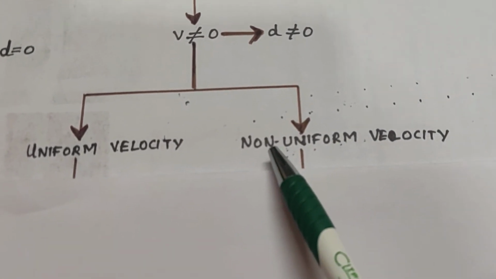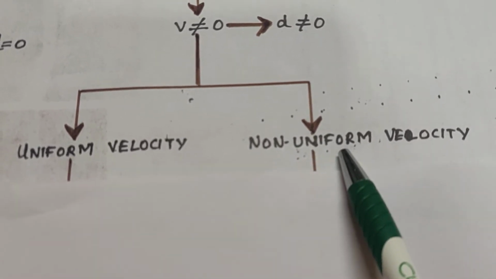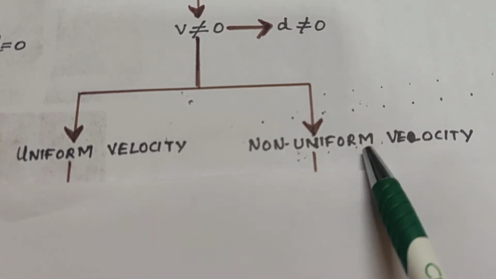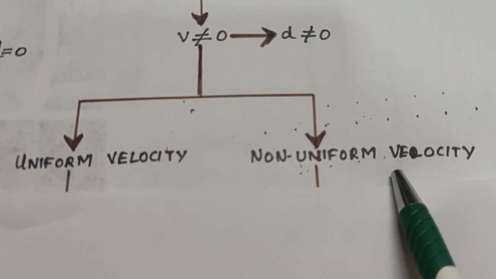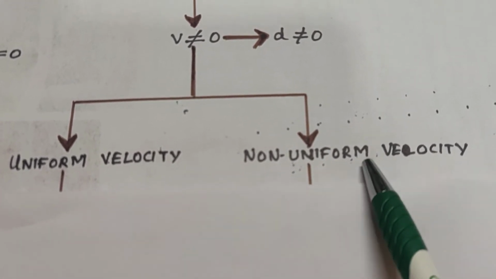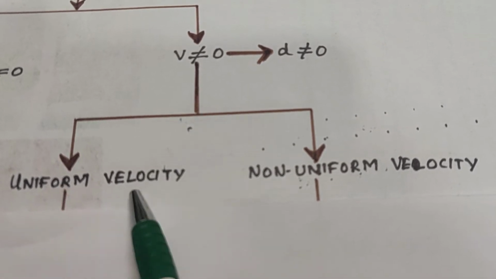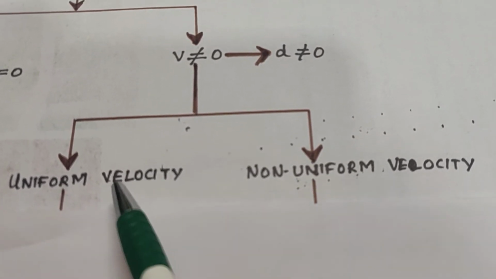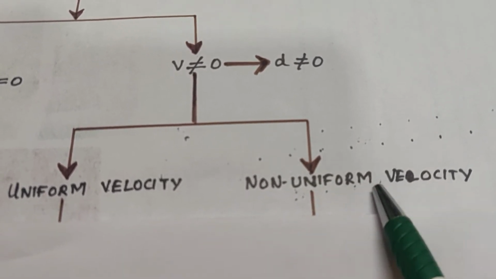Now, non-uniform velocity. Non-uniform means unequal. So velocity is not equal every second, which means distance covered is unequal in equal intervals of time. Uniform velocity means there is no change in the velocity every second, and here there is change in the velocity.